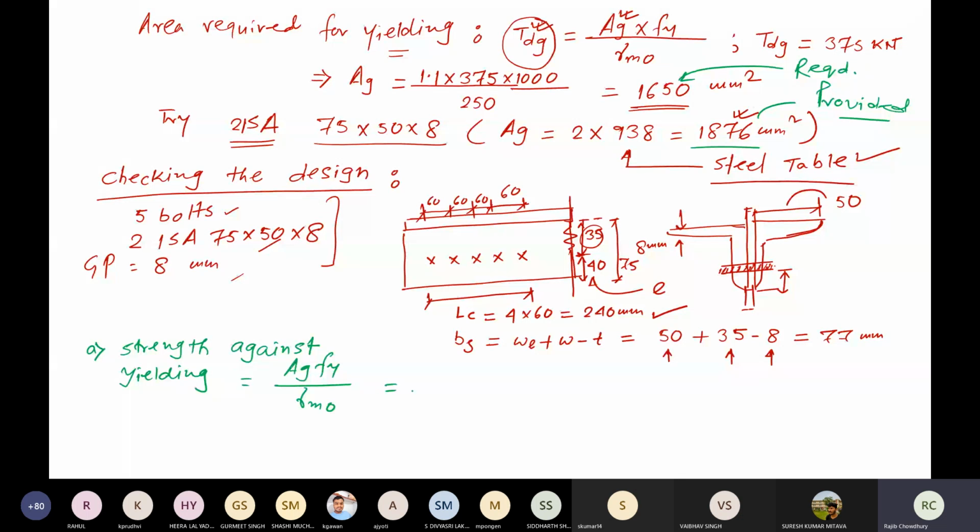Now what is this Ag? Ag would be whatever has been provided, not what is required. 1876 multiplied by 250 divided by 1.1. So how much is it coming? It is coming 426.36 kilonewton, which is greater than the stipulated load being applied. So that means against yielding, this particular section and this particular connection is safe.